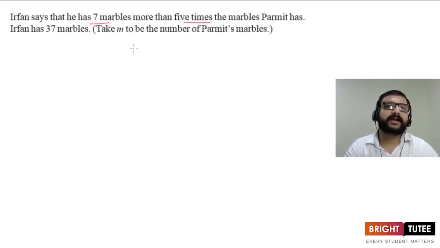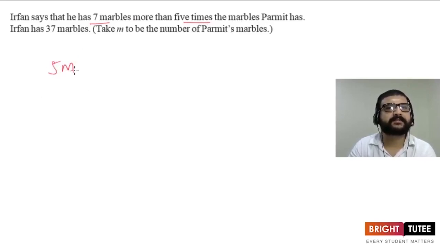We have to take m as the number of marbles Parmeet is having. So if m is the number of marbles Parmeet is having, then how many marbles will Irfan have? As it is given here, he is having 7 more than 5 times Parmeet's marbles. So it will be 5m.